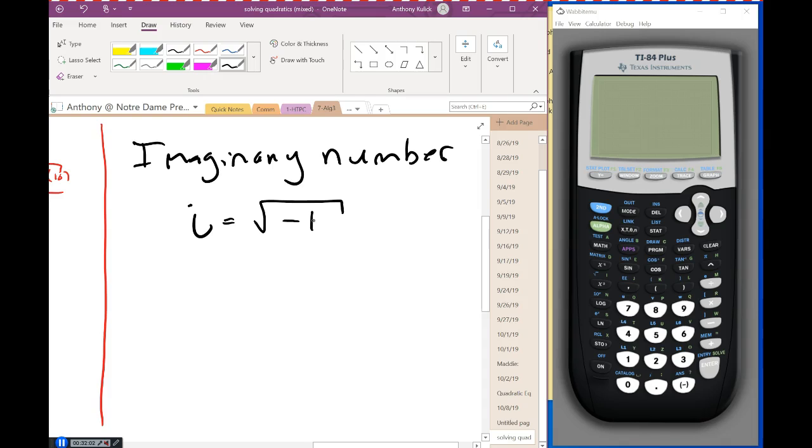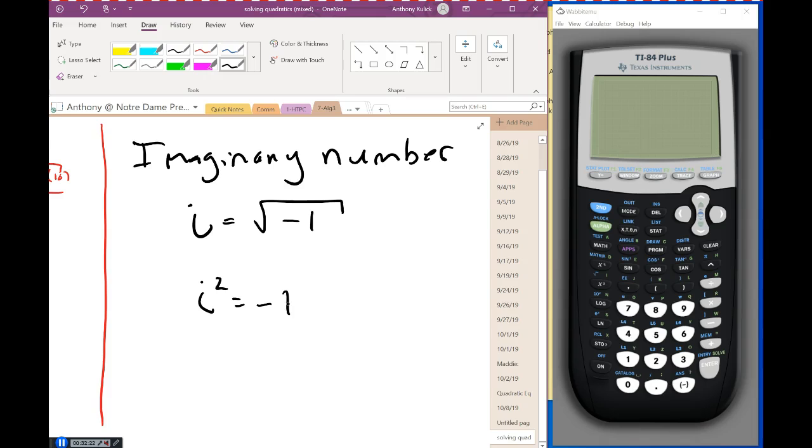As an immediate consequence of that, what does i squared have to equal? -1, right? If I square both sides, the square cancels the square root, and I'm left with i squared is -1. Is everybody okay with that idea?